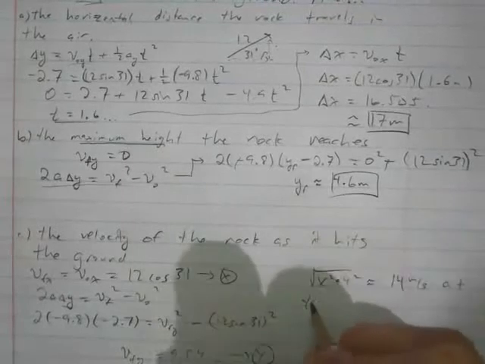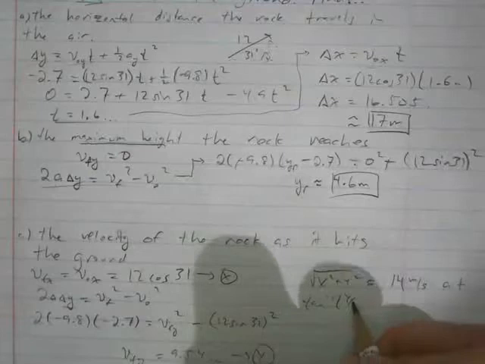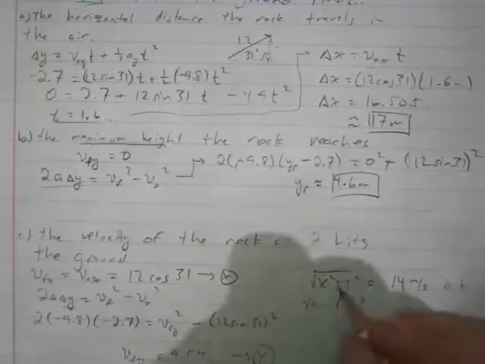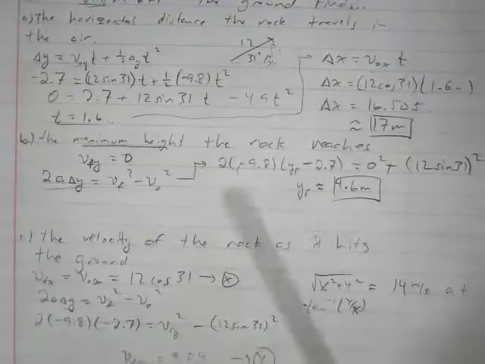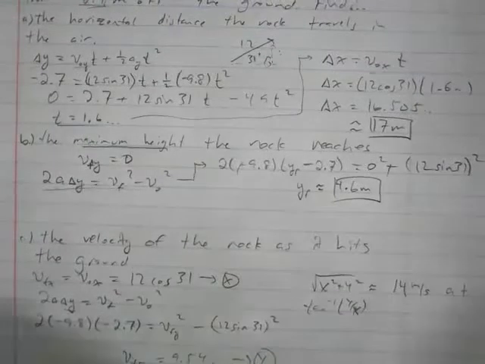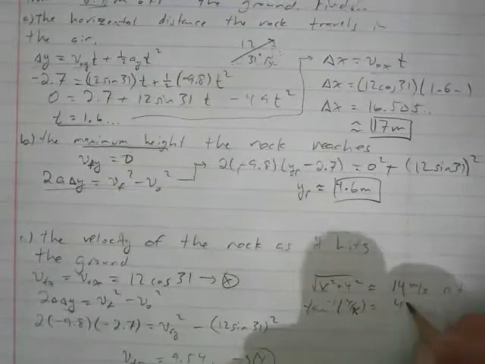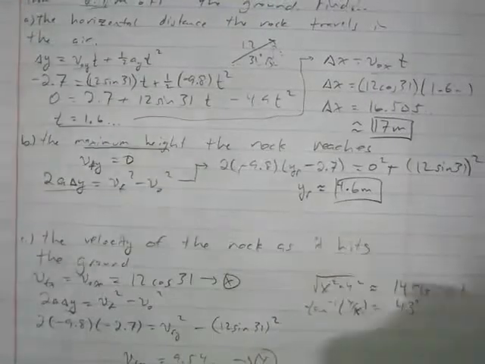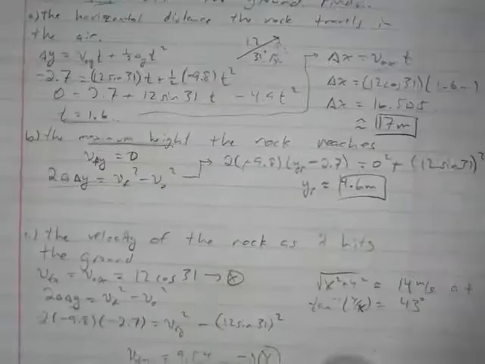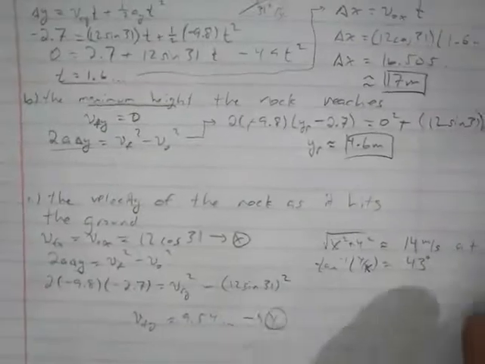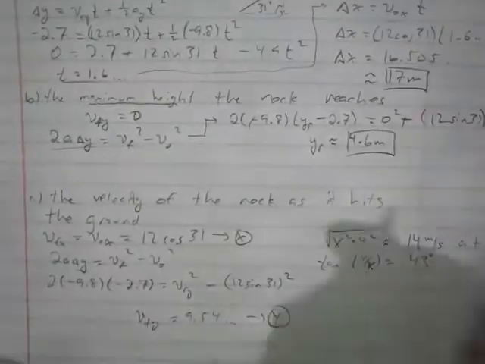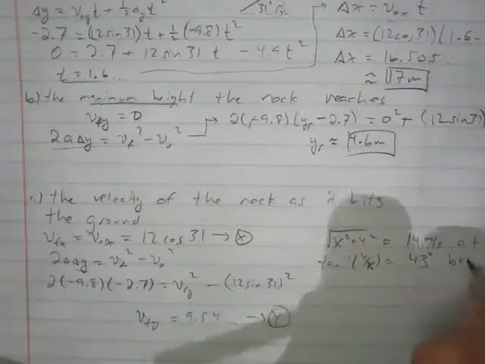And to find the angle, we take the inverse tangent of the y component over the x component. My calculator gives me 42.8, so about 43 degrees. Then we think about where it's going. Well, when it hits the ground, it's going to still be going forward, but it will also be heading downward. It's 43 degrees below the horizontal.